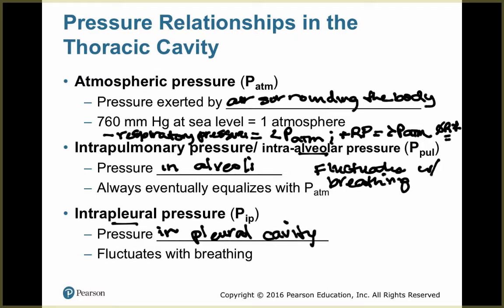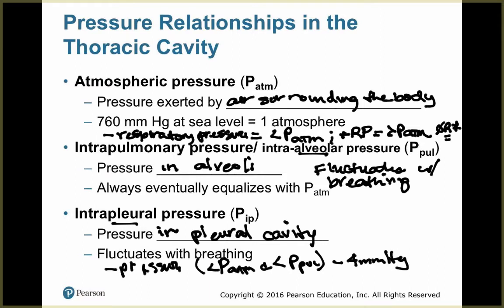So this again fluctuates with breathing, and it's always a negative pressure, which essentially means that it's less pressure than PATM and less pressure than PPUL. And it's normally 4 millimeters of mercury less, right?